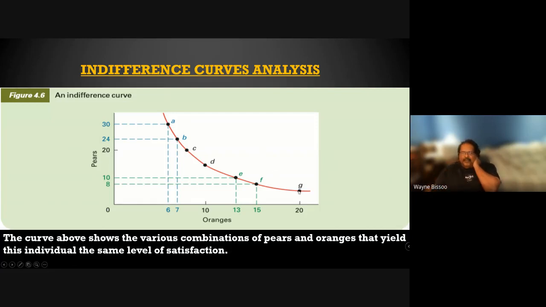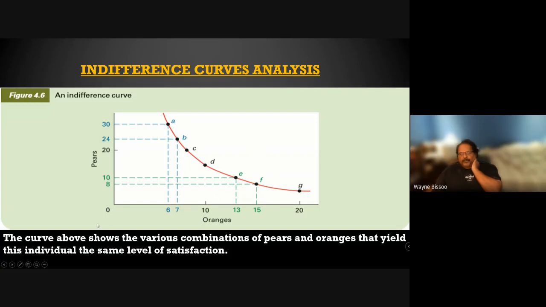They will take point F, which is 8 pears and 15 oranges, or point A, 30 pears and 6 oranges.